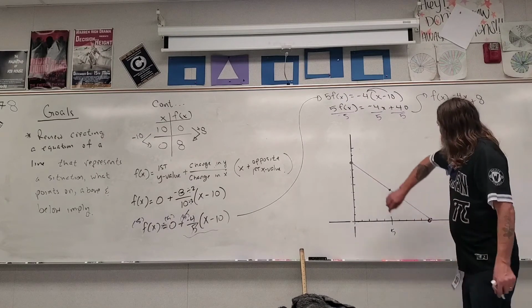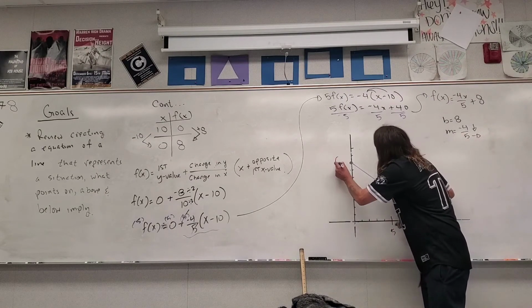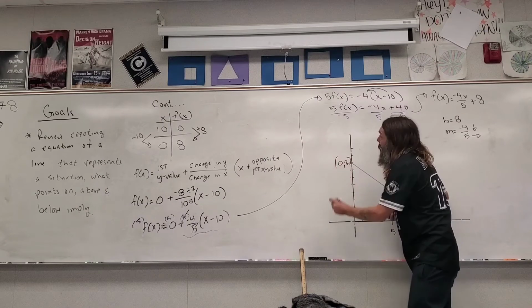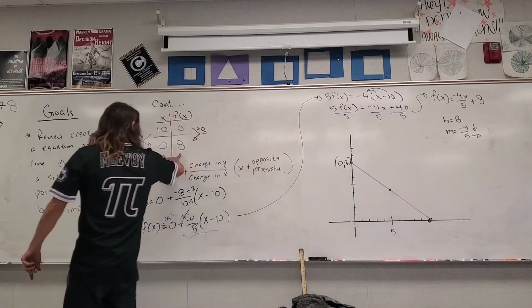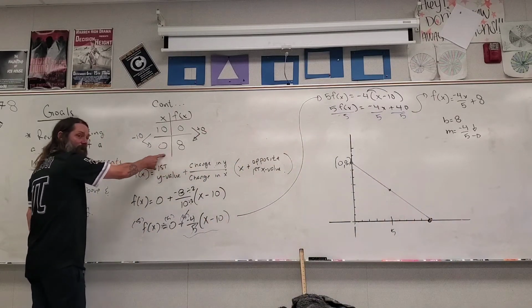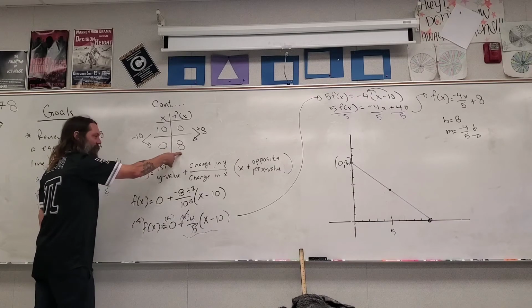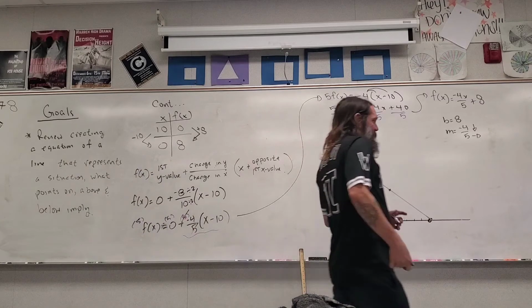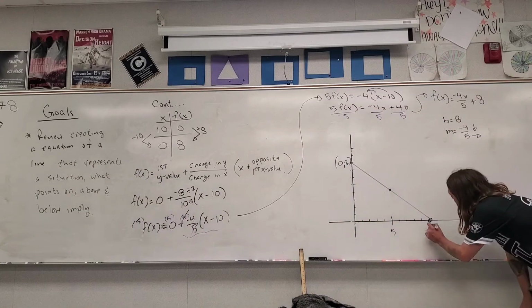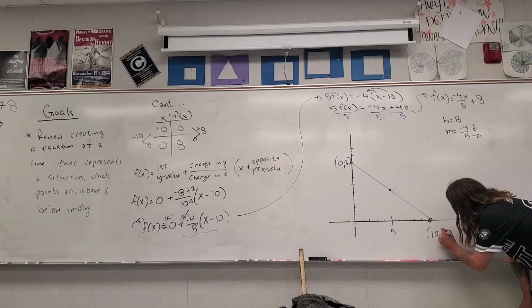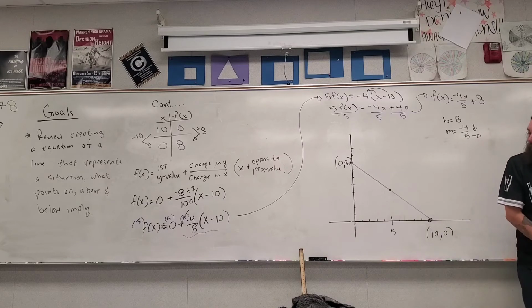So we have the point 0, 8. And 0, 8, as we saw before, meant spending $40 on buying 8 $5 hats, right? We bought 8 $5 hats. Here, I bought 10 $4 masks and spent $40.